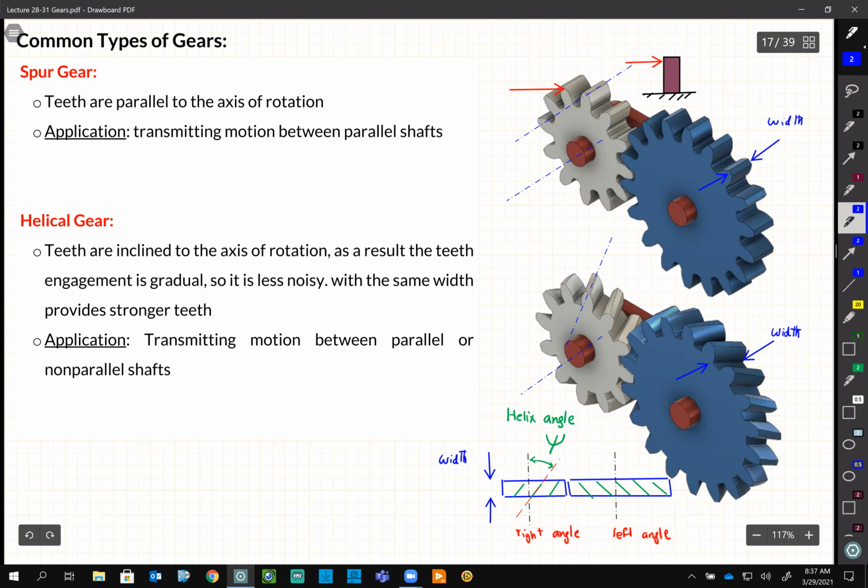But with a helical gear, the area on the base, where the tooth is attached to the base cylinder, is bigger, so it is stronger. And it also creates a smoother motion because these two, as I showed you last day, gradually engage with each other.